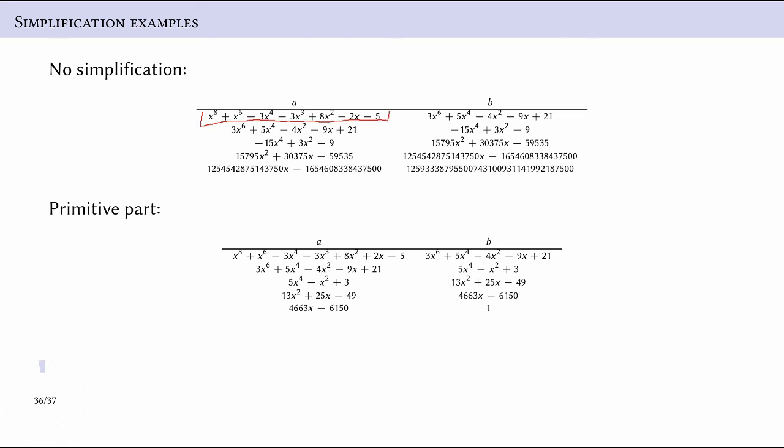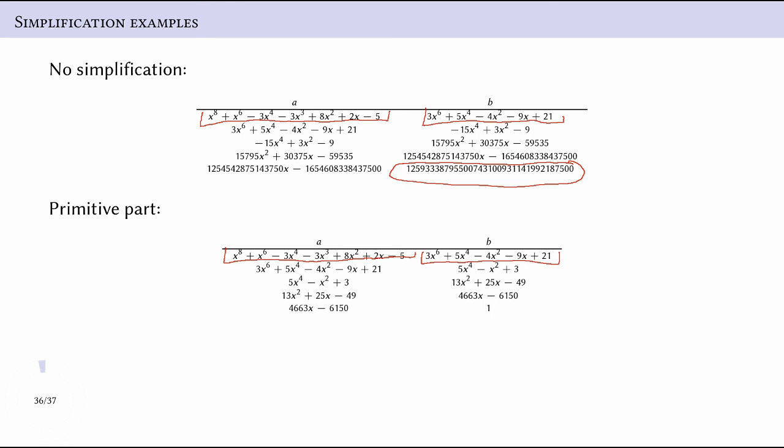We compute the greatest common divisors of both of them. As you can see, if we have no simplification, then the coefficients can really explode. What we have here is that the coefficient becomes enormous.